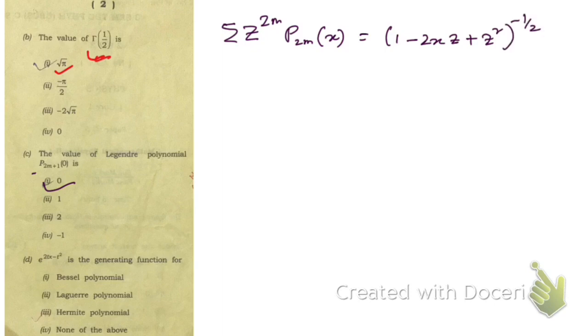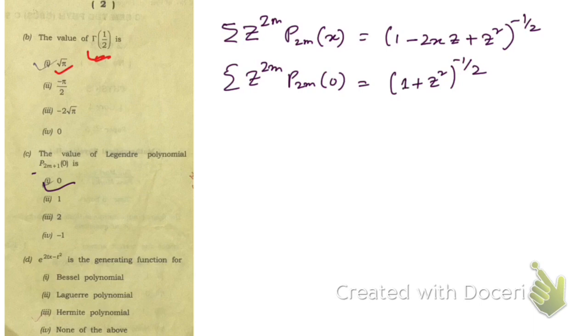If you put x equal to 0, then this term goes to 0, and it reduces to 1 plus z square, whole to the power minus half. That's what we're going to have.